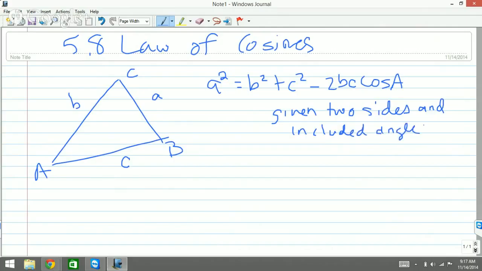It's any two sides. This formula is B and C and included angle A. You can calculate the length of the other side. So you're given two sides and the included angle.